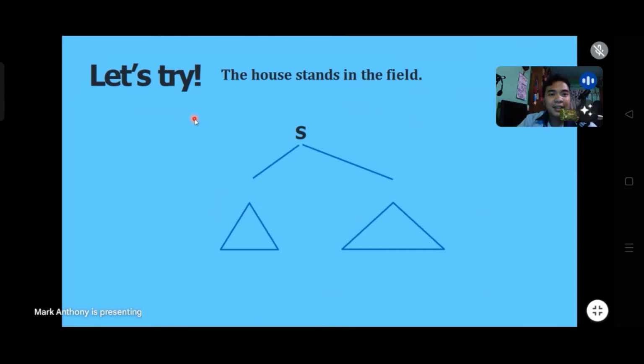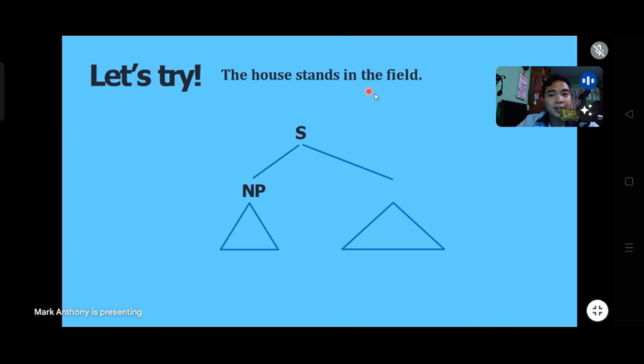So let's try to create a phrase structural tree using this example: "The house stands in the field." Here we have the S, or the sentence itself. Let's first analyze the first two words, "the house." House is a noun, so it falls under the noun phrase.